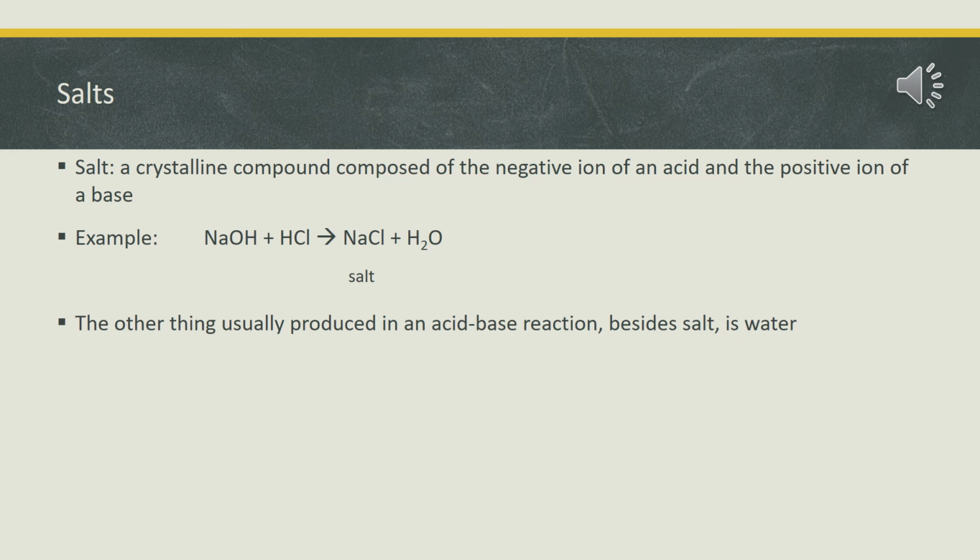NaOH is the base, HCl is the acid. So I'm going to take the negative ion of the acid, Cl, and the positive ion of the base, Na, put them together, and you make a salt. And in this case, it's NaCl. Your other product that you get in an acid-base reaction besides salt is always water. So what I'd like you to write down on this slide is salt and water.